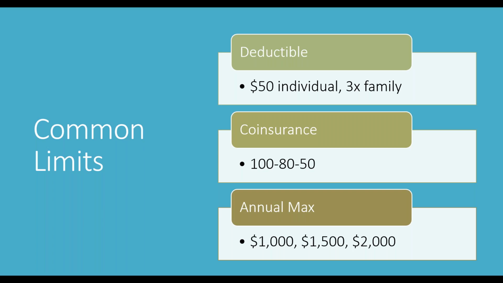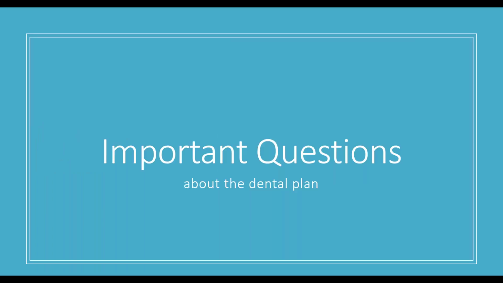So this is what a common plan might look like. $50 individual deductible, 3 times family limit, coinsurance of 100, 80, or 50 for preventive, basic, and major, up to an annual max of $1,000, $1,500, or $2,000. But again, all of this can vary a little bit.